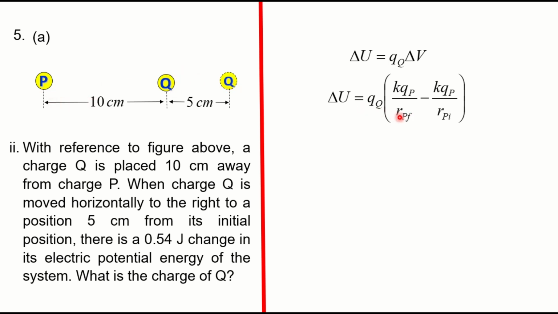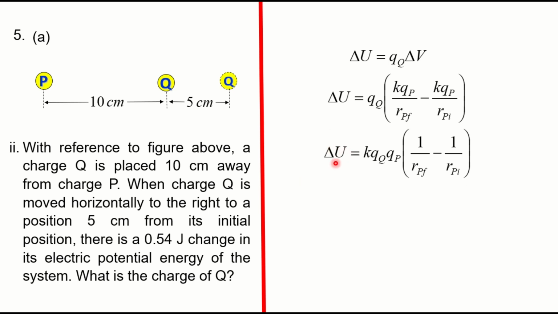And Q_P is charge P. So we can factorize out K, Q, and P. They've already given us the change in electric potential energy to be 0.54.